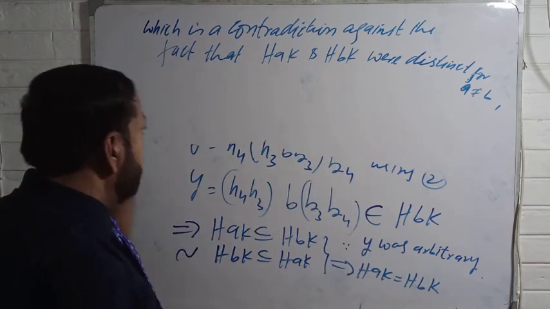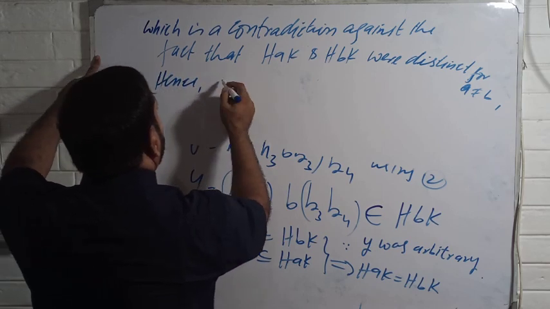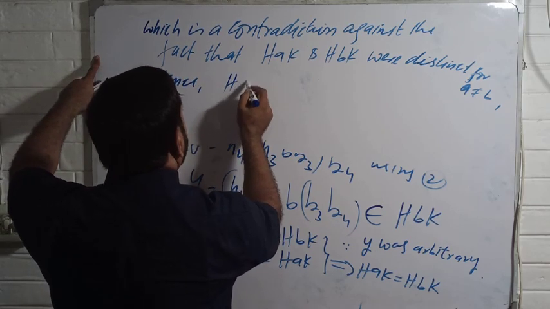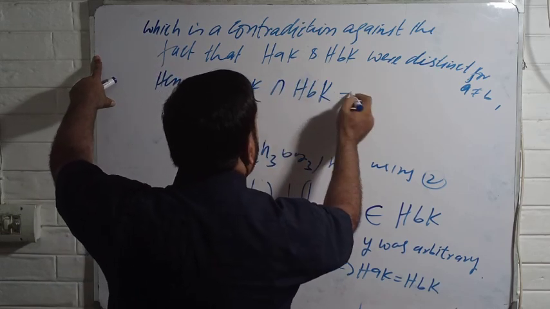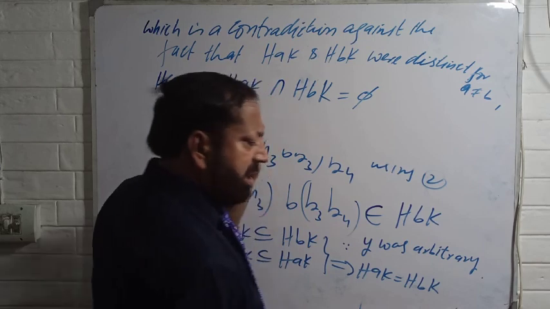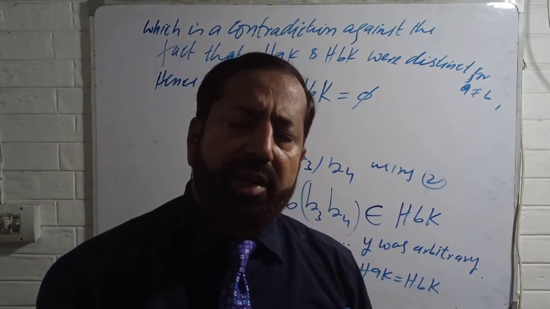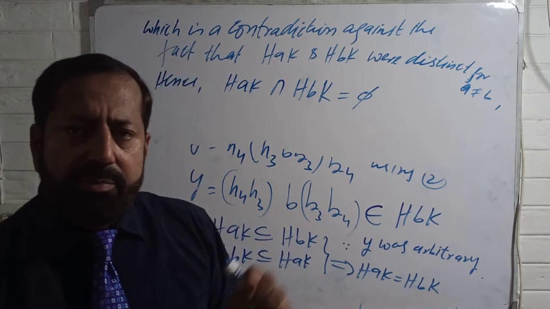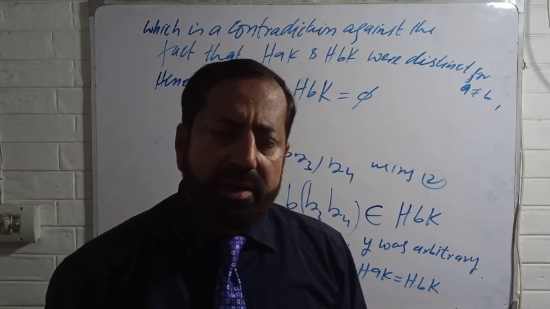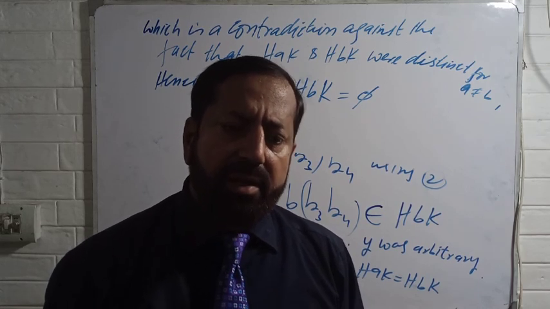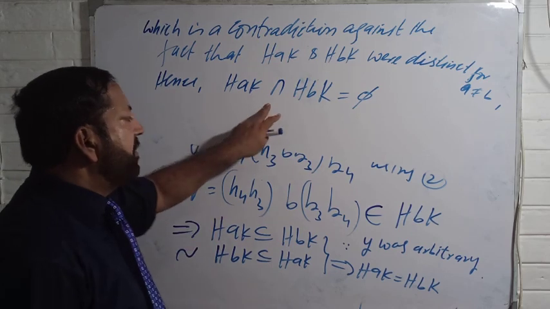Hence HAK intersection HBK is equal to empty set. You can write directly, because this was the second supposition, that HAK intersection HBK is non-empty. So trivially HAK intersection HBK is empty now. Okay, this is our first condition.